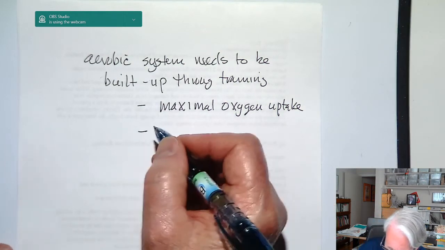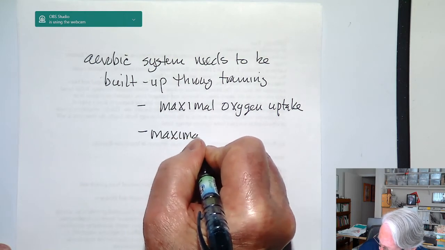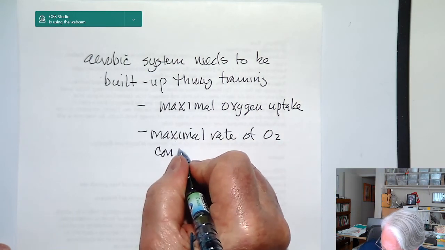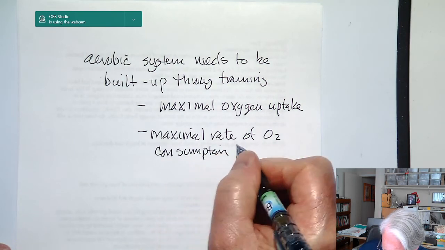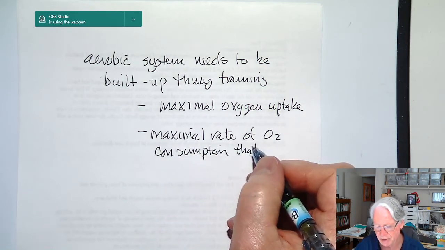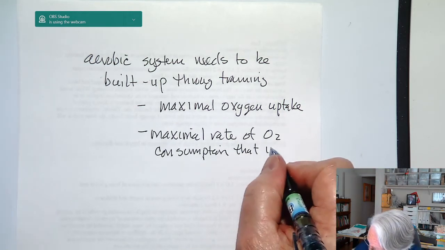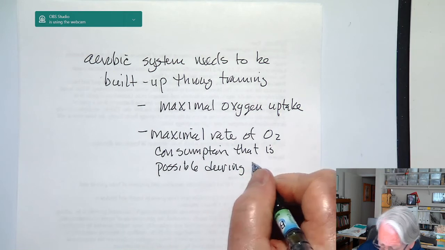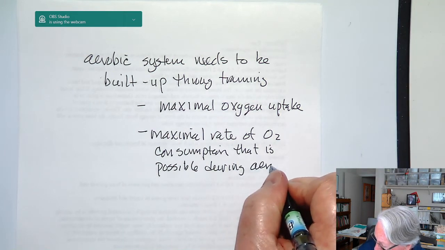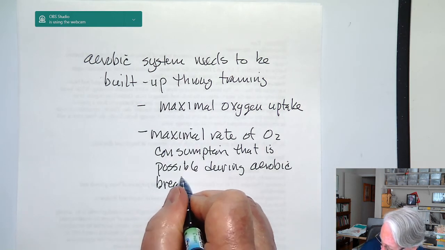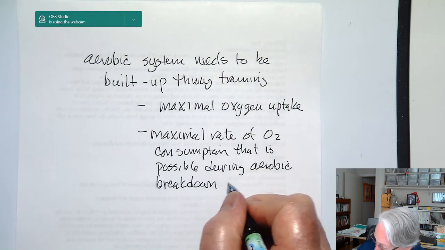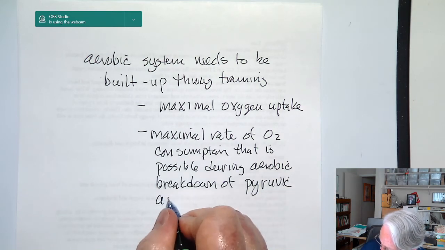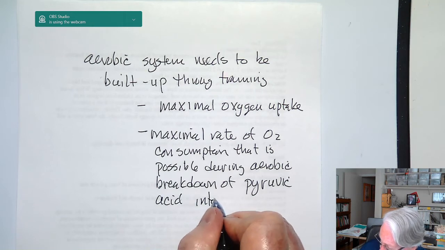And what this represents is the maximal rate of oxygen consumption that is possible during aerobic breakdown of pyruvic acid into carbon dioxide.